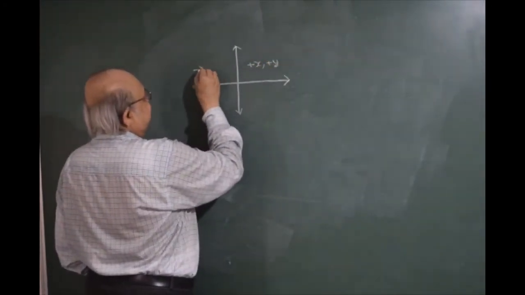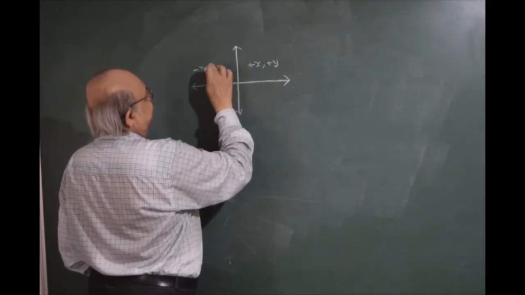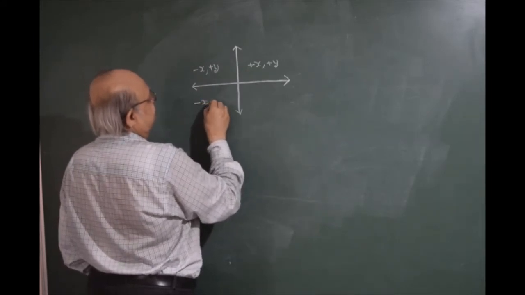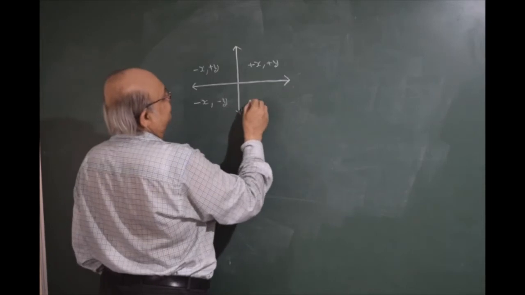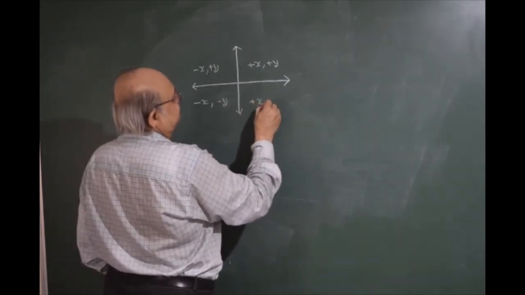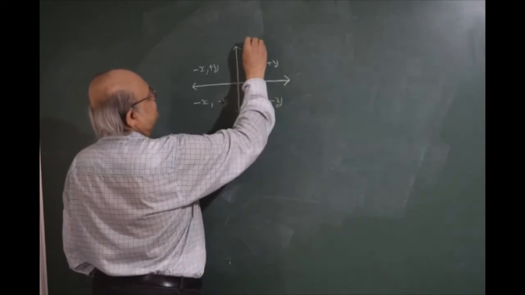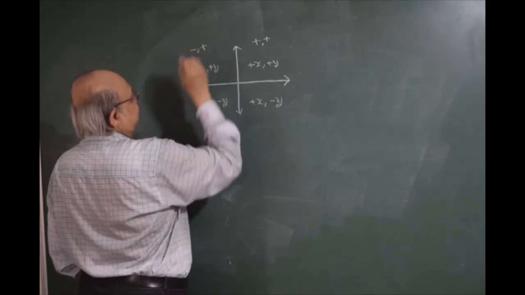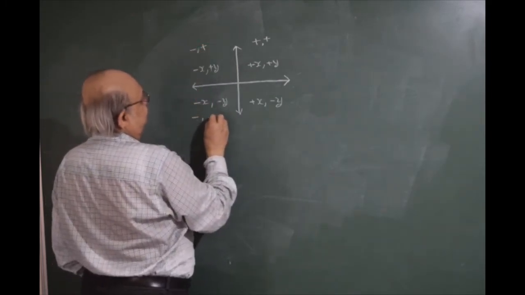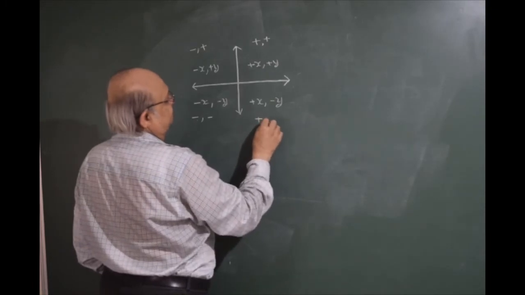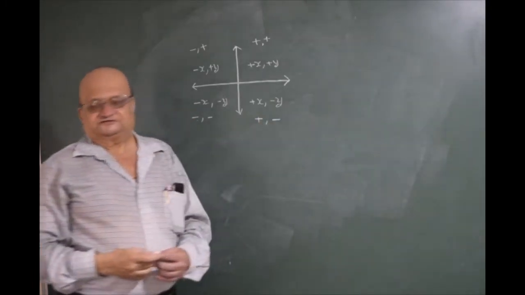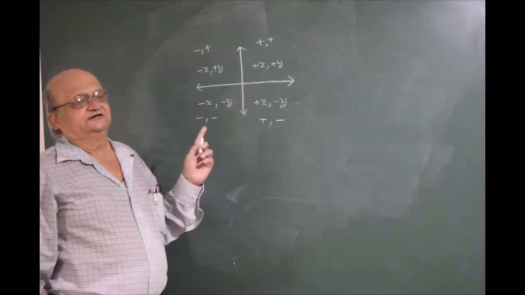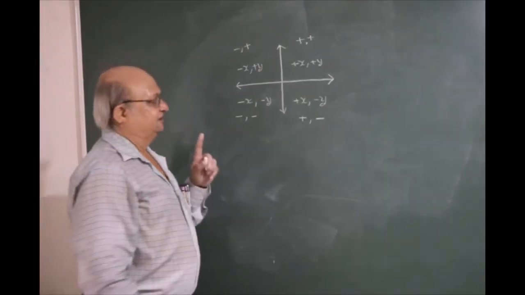Here we will have minus x, plus y numbers. Here we will have minus x, minus y numbers, and here we will have plus x, minus y numbers. Usually, the first quadrant is plus plus, the second quadrant is minus plus, the third quadrant is minus minus, and the fourth quadrant is plus minus. We will be using the same theory for mirrors. How?